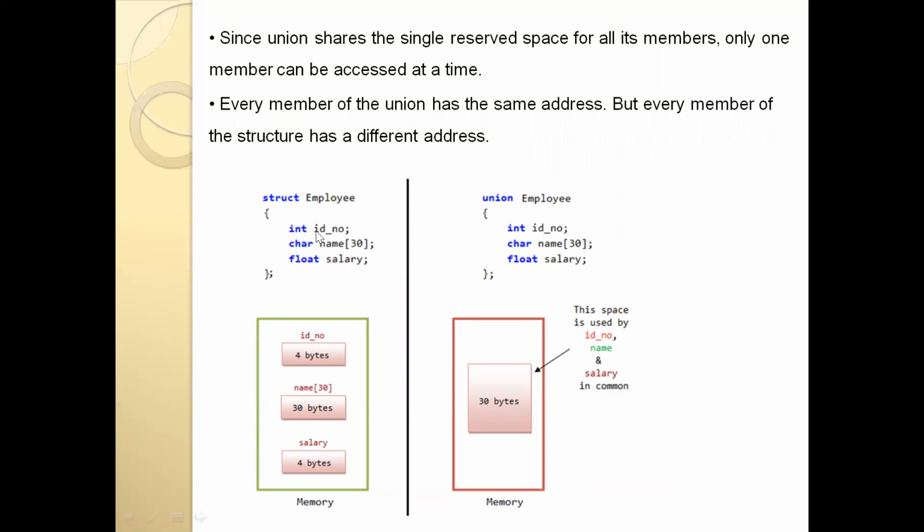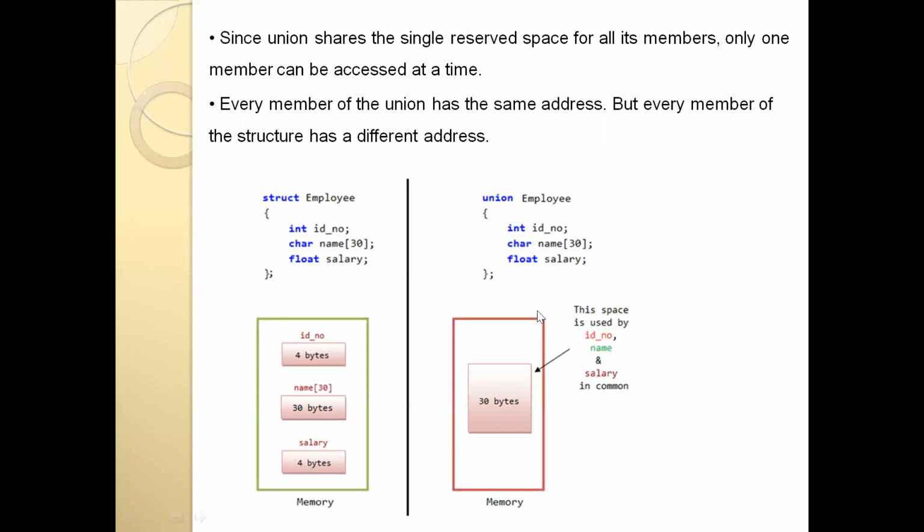For int ID number, it will take 4 bytes of memory. Name is of type character, and each character occupies only 1 byte of memory, but here I am taking the name size as 30, so 30 bytes of memory will be allocated for the name member. Salary is of type float, so it will allocate 4 bytes of memory. Totally 38 bytes of memory will be allocated for this entire structure.